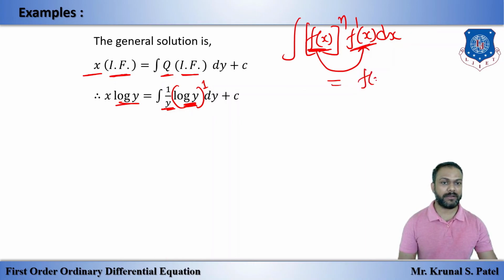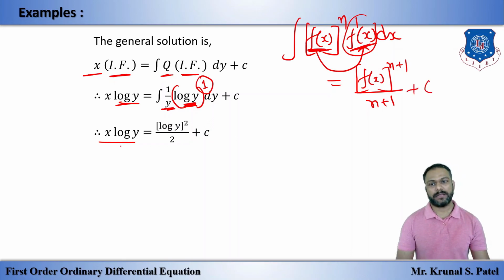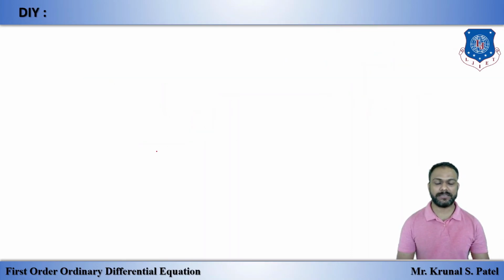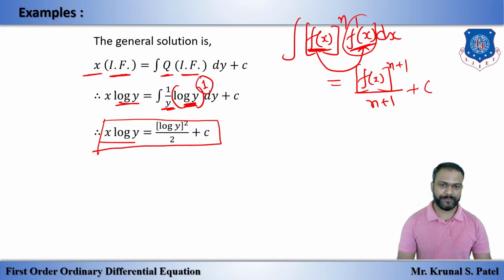That means the power increases by 1, and that new power is in the denominator. So x log y as it is, and we get log y raised to 2 by 2. This is cancelled out, f dash x is removed from the answer, plus C. And this is our final answer, this is our general solution. No need to simplify.